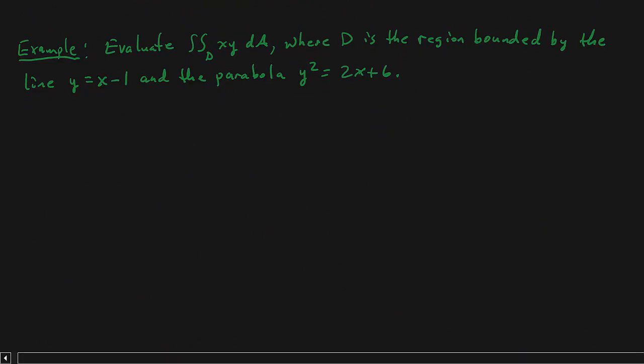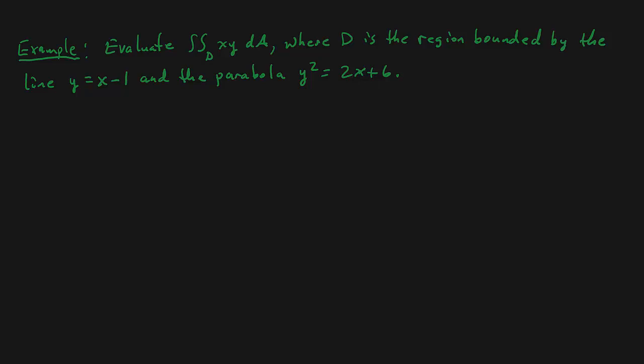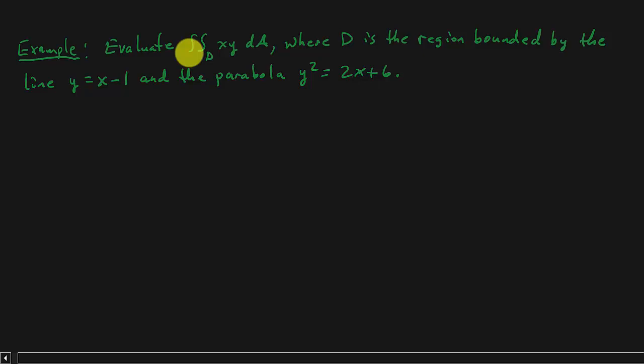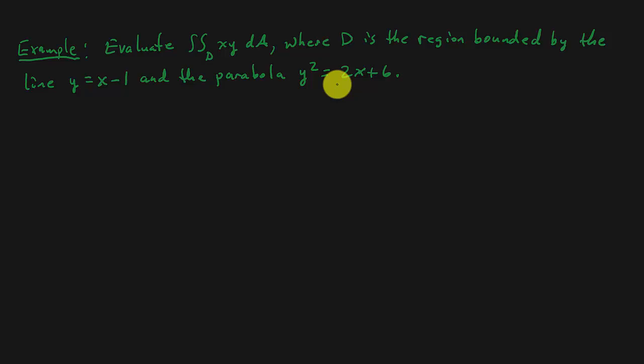All right, so let's look at this one. So we want to evaluate the integral over the region D of xy dA. D is the region bounded by the line y equals x minus 1, and the parabola y squared equals 2x plus 6. All right, so let's make a quick sketch of this graph here.